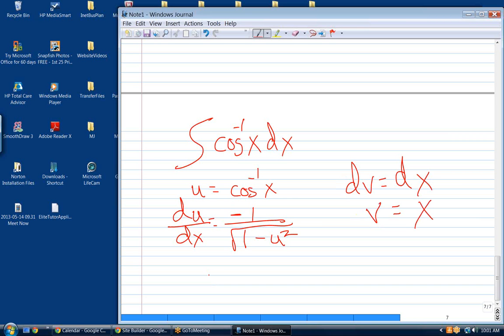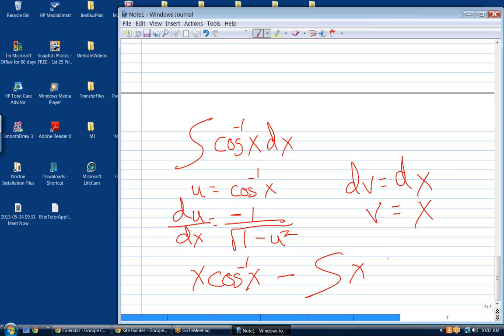So uv is inverse cosine of x times x minus the integral of x du. Well, du is this whole thing.